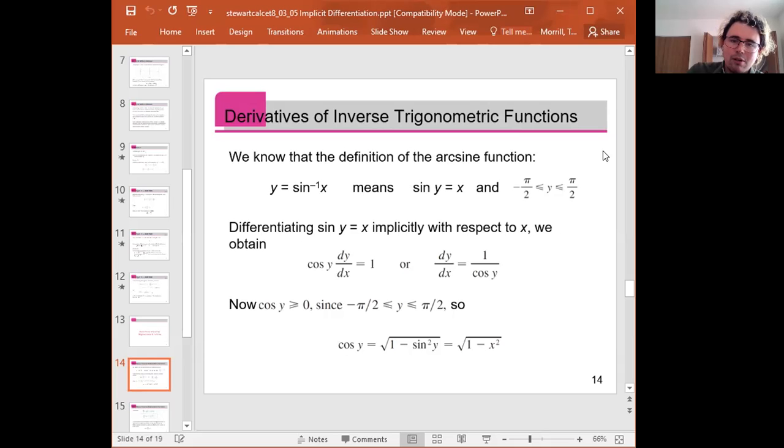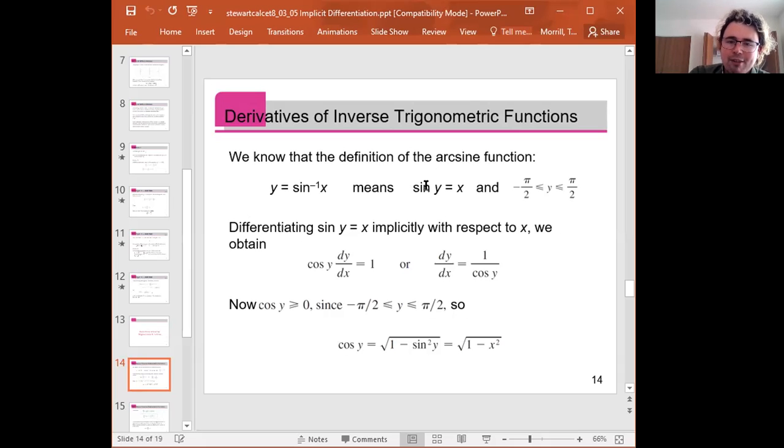So what we're going to do is, because this is an inverse function, y equals sine inverse of x, or if you prefer, y equals arcsine of x, that's going to mean that sine of y equals x, because that's how inverse functions work. They just swap the variables.